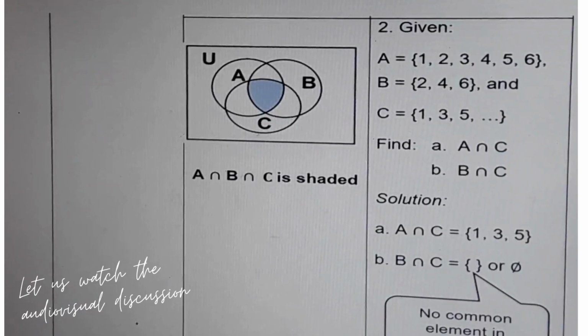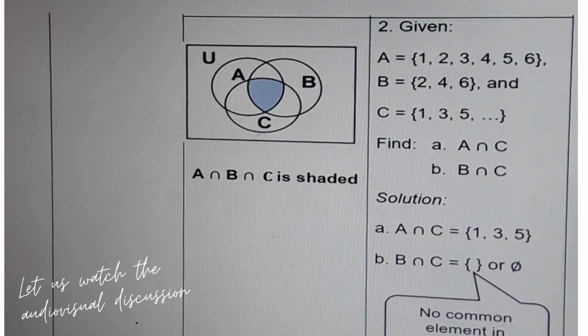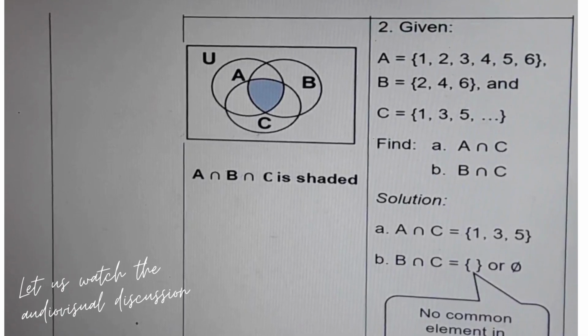Okay, another example of an intersection. If you are dealing with 3 or more sets involved, we should be careful in designing our Venn diagram illustration.